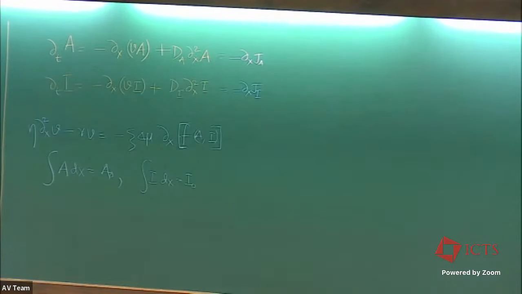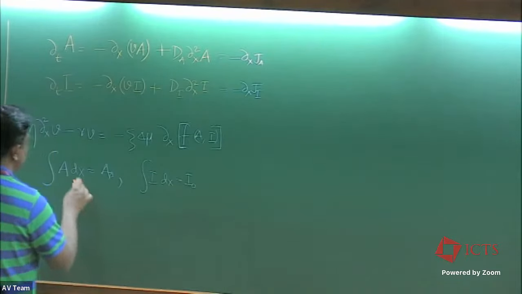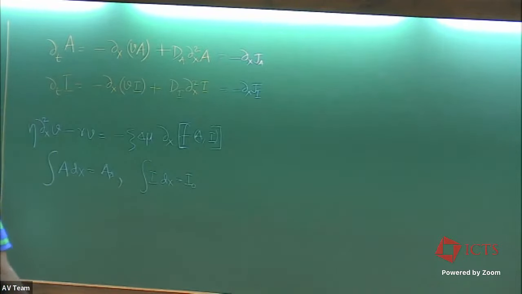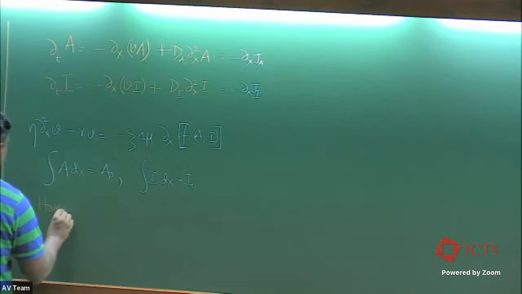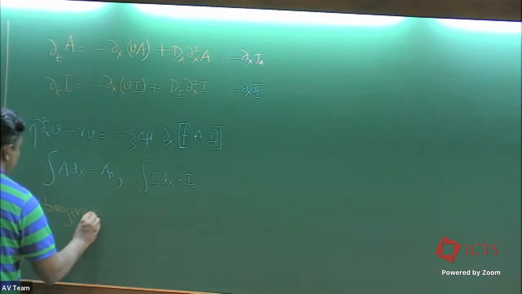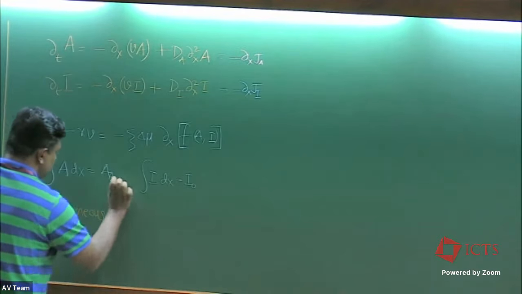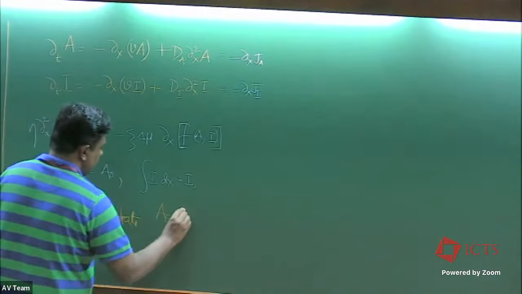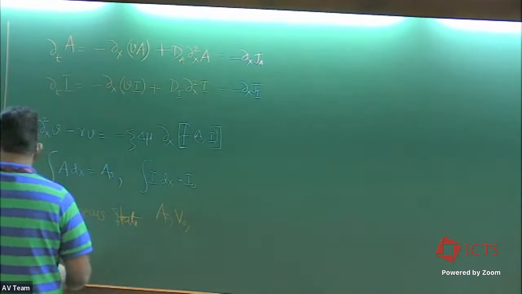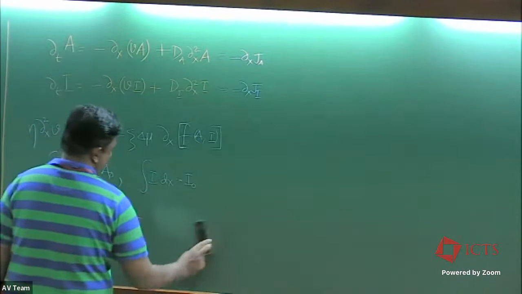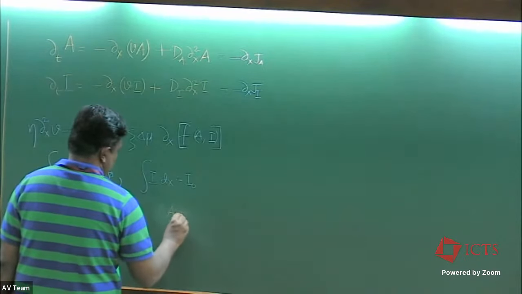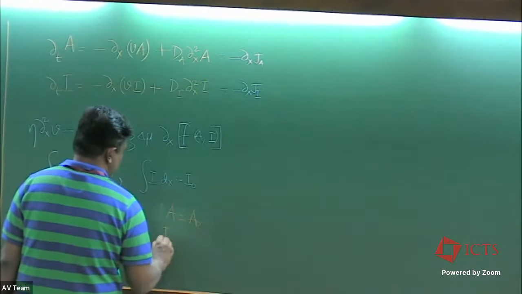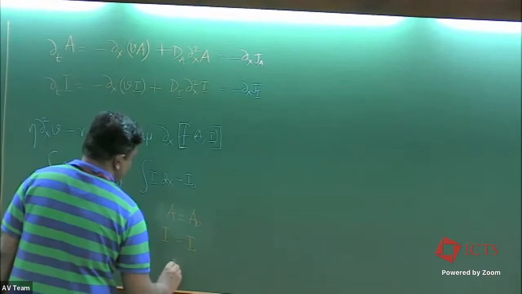And so the question is basically trying to ask, if I do a stability analysis of the homogeneous state. There is obviously a homogeneous state like yesterday, where the concentration fields are A equal to A naught, I equal to I naught, and V equal to 0.